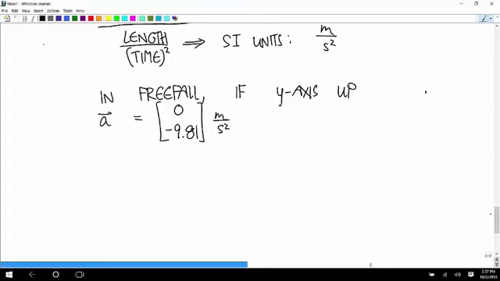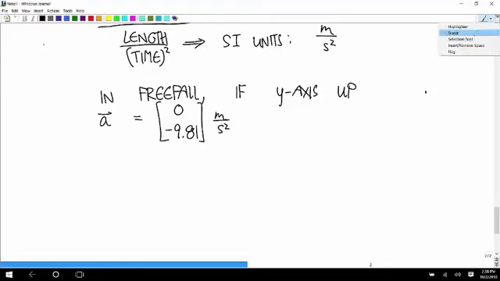Okay, so now that we've defined all these vector quantities that are important for kinematics, I'm going to give you the constant acceleration equations for vectors for two-dimensional kinematics. And they're going to look a lot like the ones for 1D kinematics. And then I'm going to give you a set of steps for using those.